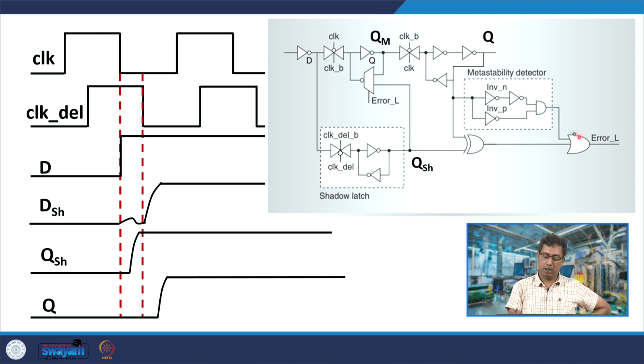And since there is no error, this would keep latched to Q. Suppose there is a setup time violation, then what would happen? This would latch to a wrong value, because there is a setup time violation, this can latch to a wrong value QM, but here you have taken care of the setup time violation by the clock delay, not clock period.